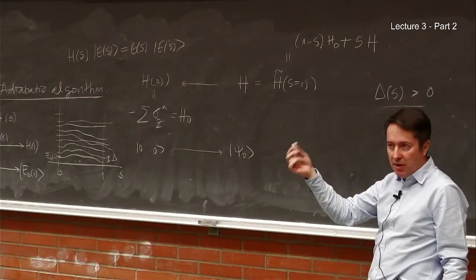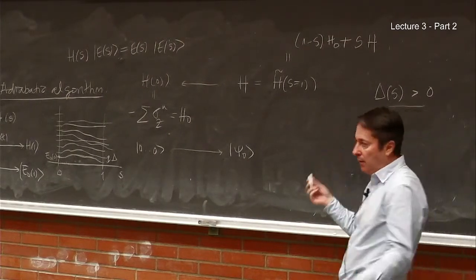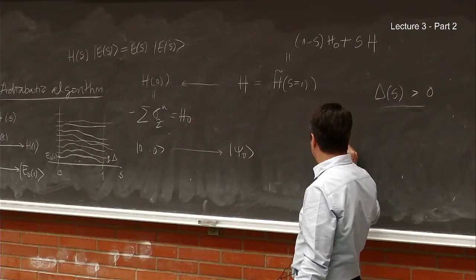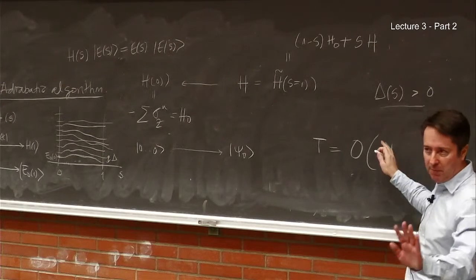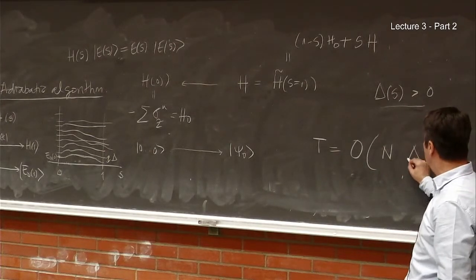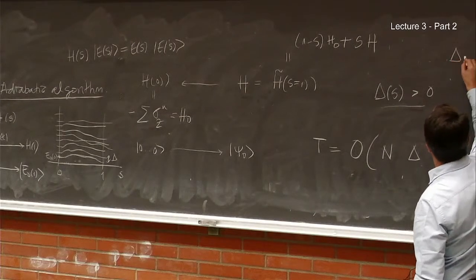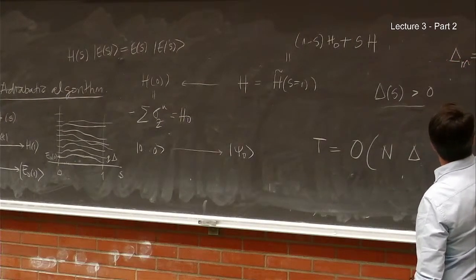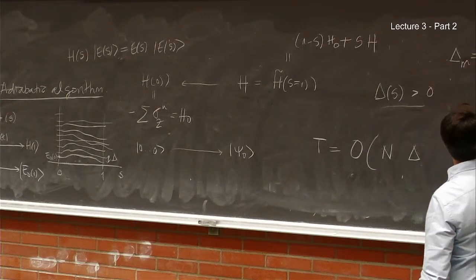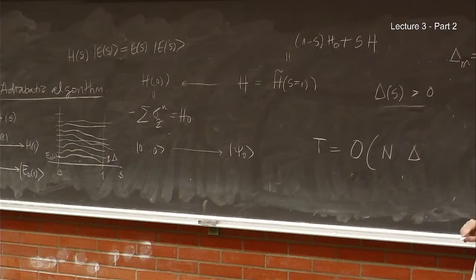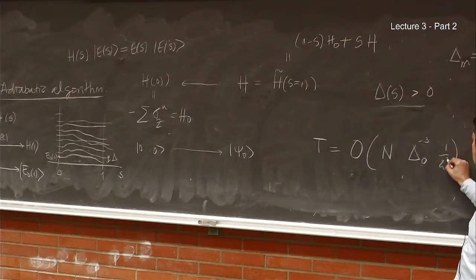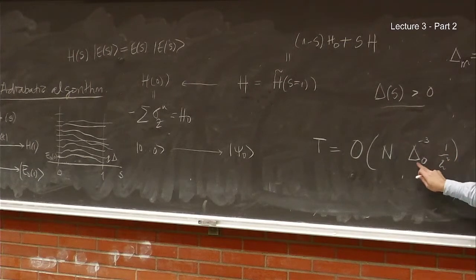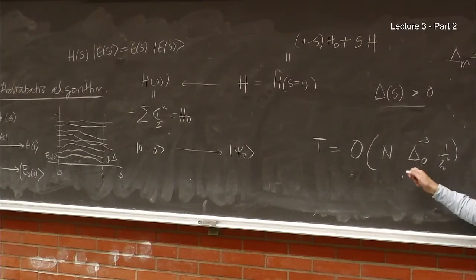So now how slow is sufficiently slow? People have mathematical theorems for that, and they know that the time scales polynomially in n, and depends on the minimum gap, let's call it delta m, which is the minimum over s of delta of s, as delta m to the power of minus 3, and 1 over epsilon squared, and things like that. So as long as this gap doesn't close too much, it would be efficient.